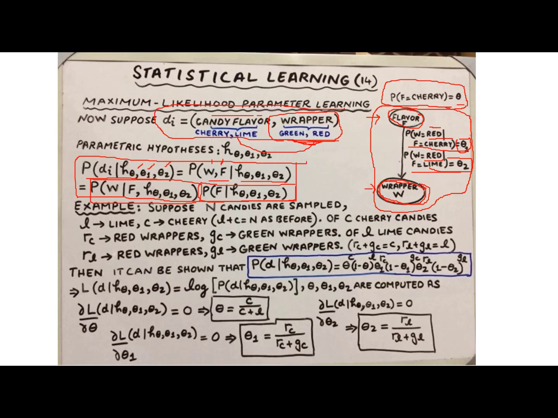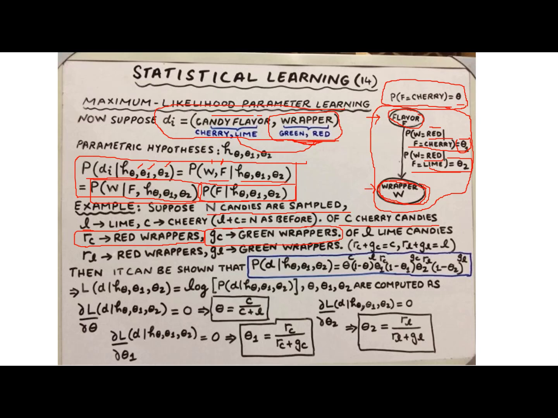As a result of this simplification, let's now take up an example. Supposing that we sample n candies from the bag, and out of those we have L lime candies and C cherry candies, so that C plus L equals n. Of the C cherry candies, we have RC many candies in the red wrappers and GC many candies in the green wrapper.